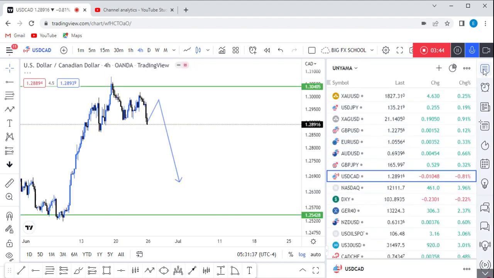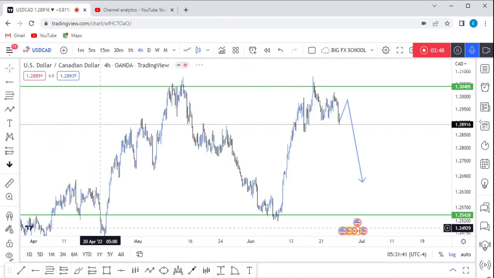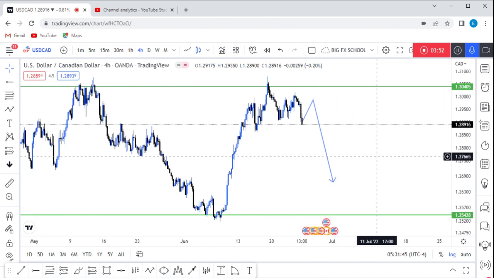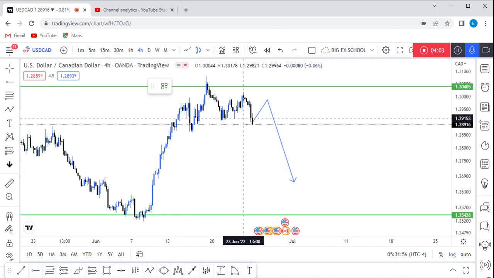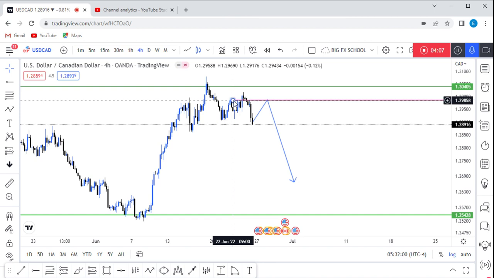Another, USD/CAD. This market started from here to here to here. Then it must come down. You may wait for the correction phase, then you enter the trade to the downside. You will be selling at least when the market reaches this Quasimodo level here.